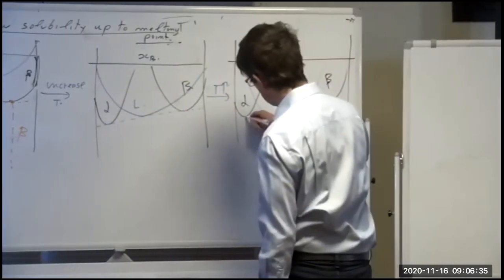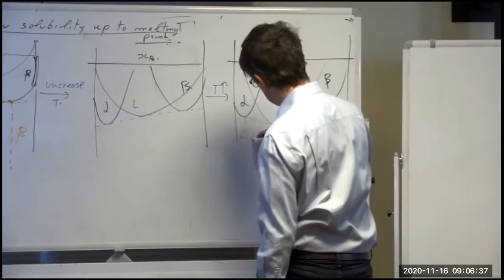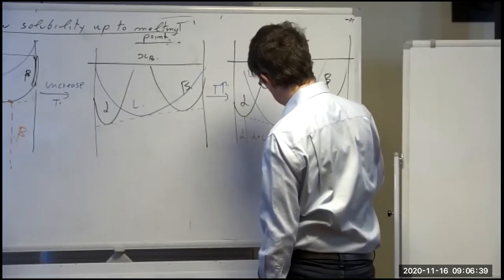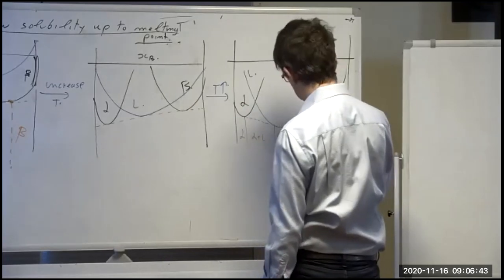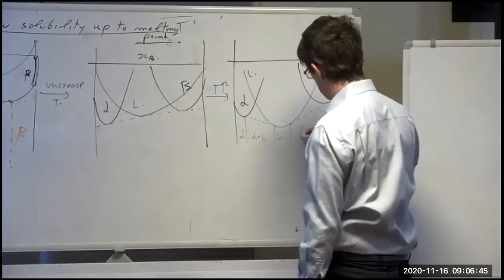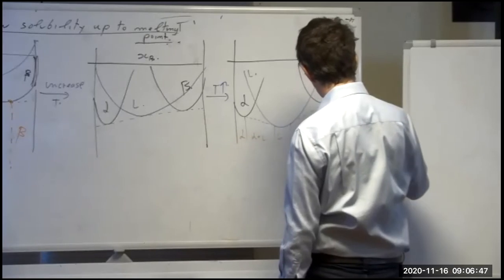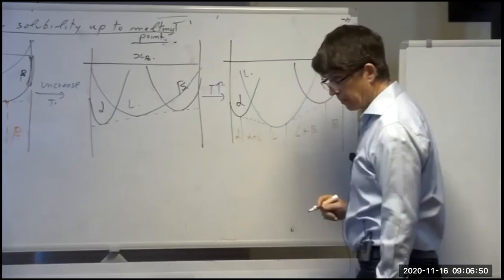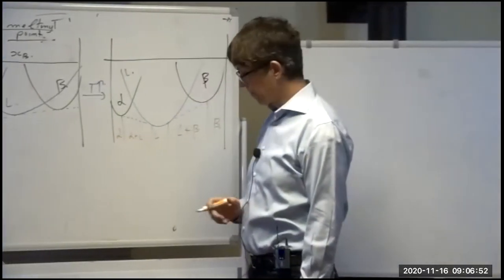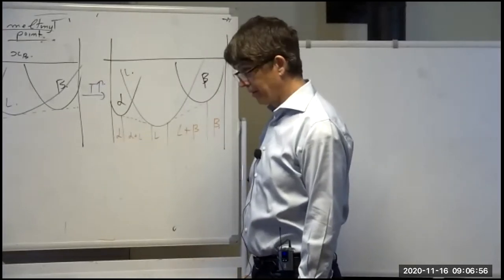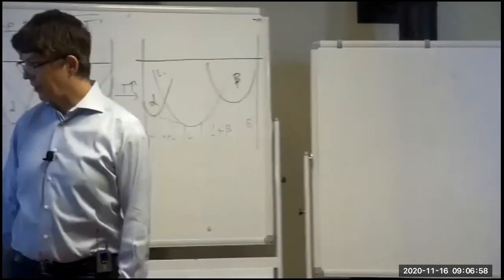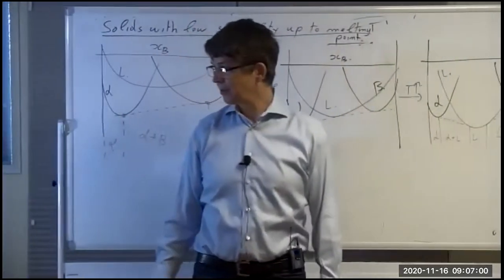There's one here, alpha, alpha plus liquid. And I have liquid here, and then there's another tangent here. So I have liquid plus beta, and I have beta. I'll give you a moment to take that in, while taking my coffee.